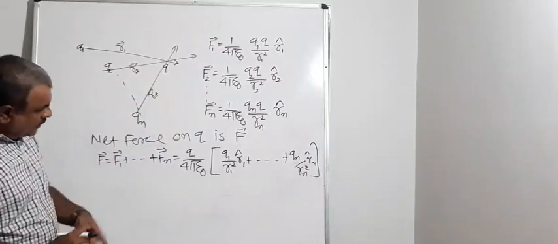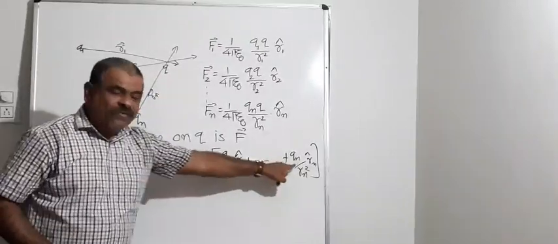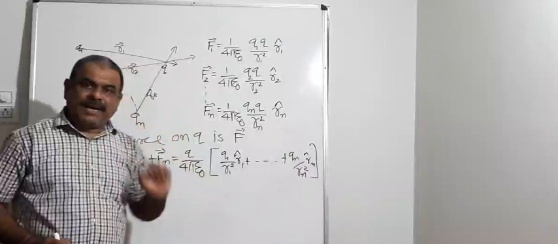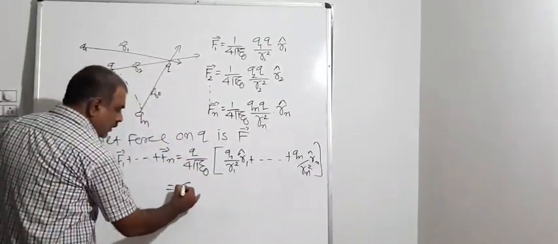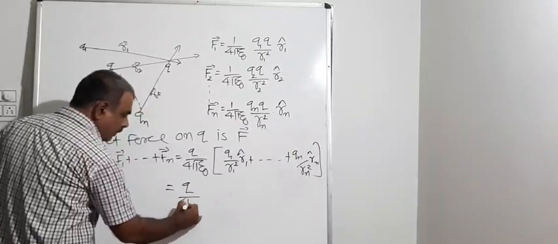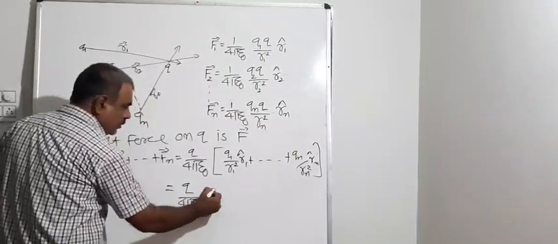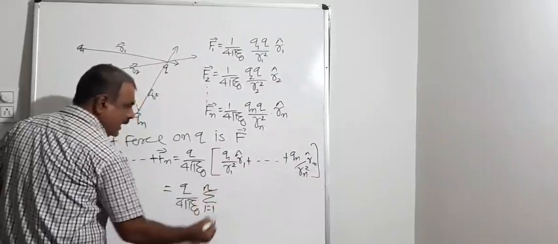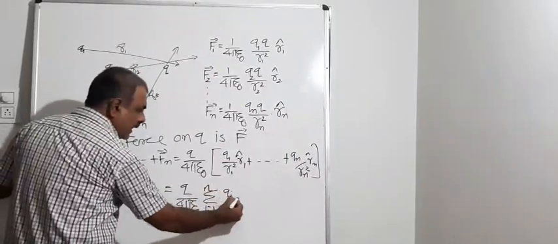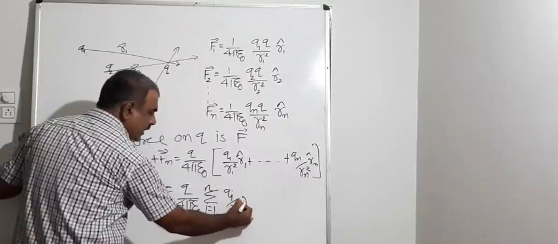Now see this, here the subscript ranges from 1 to n. So if I write in terms of the common variable i, it will be q upon 4 pi epsilon 0 times summation of i equals 1 to n, qi by ri square into ri cap.